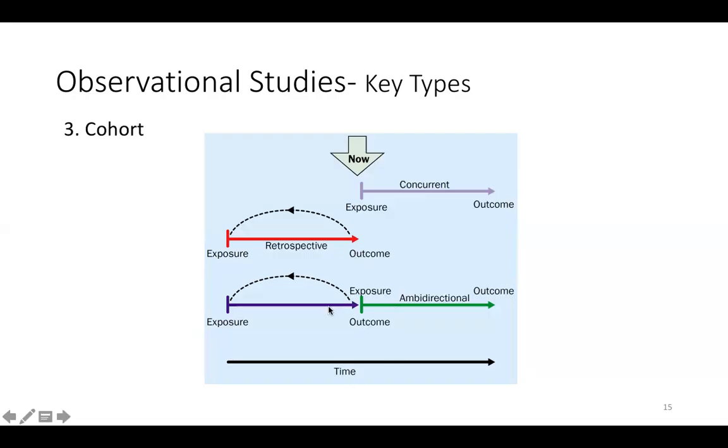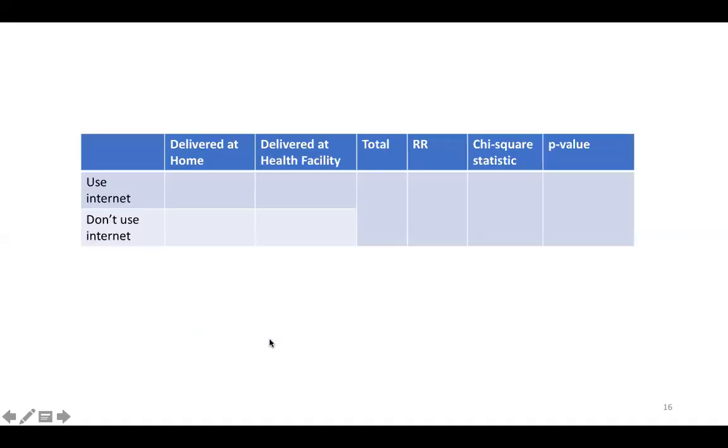Sometimes we can do both. But whatever we do, we always begin with the exposure and end with the outcome, regardless of the fact that the outcome may have occurred as shown in these two arrows, or it has already occurred.